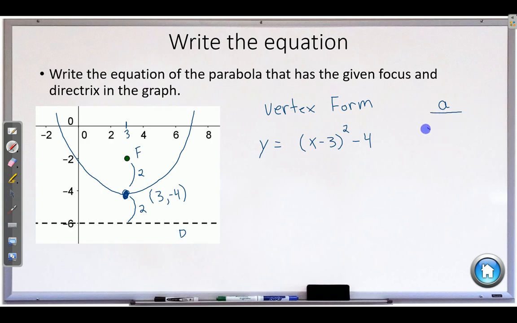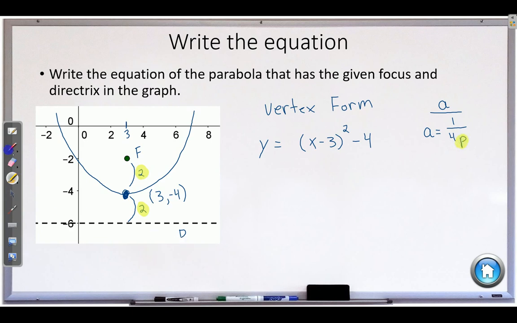All right, so the a value is 1/4p. You think, oh goodness, another variable. Yes, it is another variable. The p value, however, is really easy. We already found it. It's this number right here. So I'll highlight all of those.